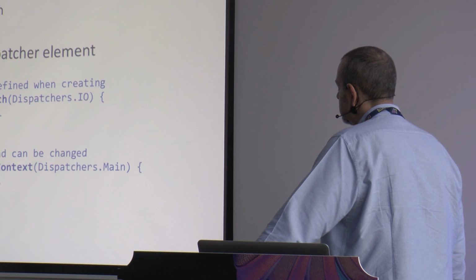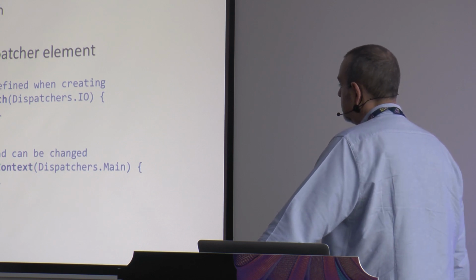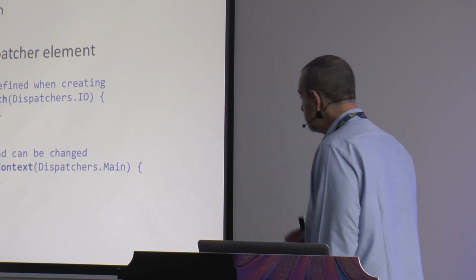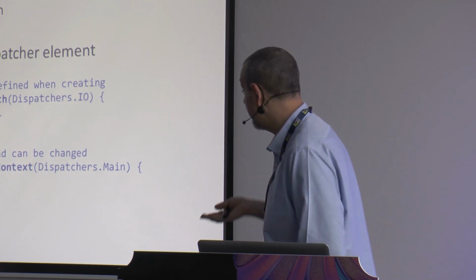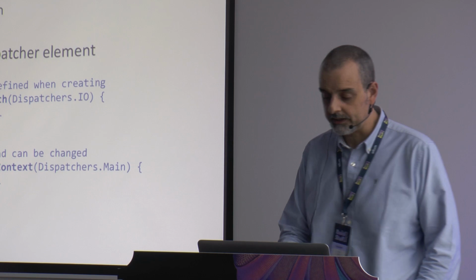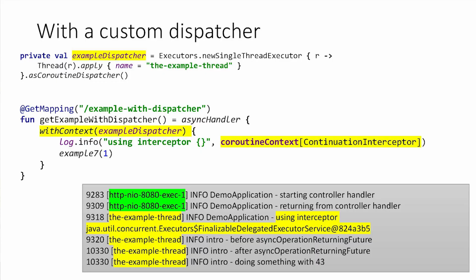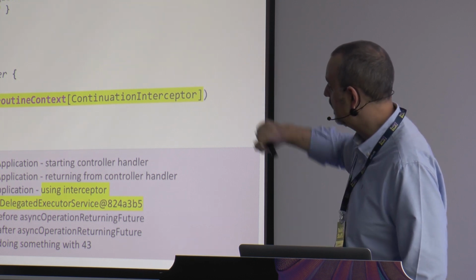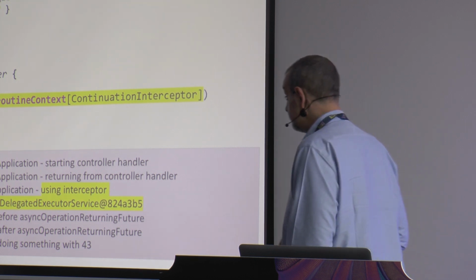As I've said, I can define the context and the dispatchers when creating the coroutine, for instance, in a launch, or I can change it using withContext. For instance, I have a small example here. In the top part, I have created a new dispatcher using a single thread, using an executor from Java.